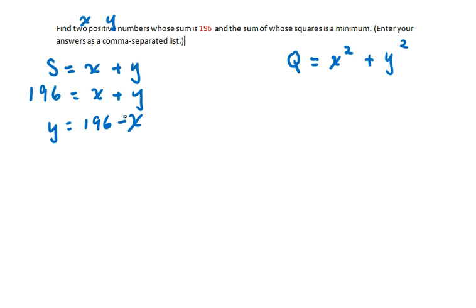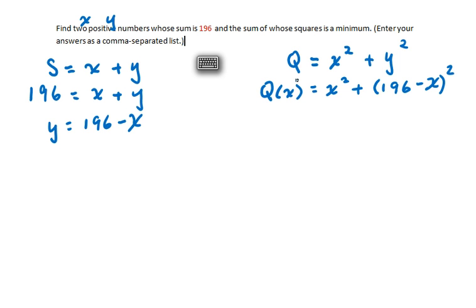Now if I take that value of y, I can substitute it into the second equation. And see that what I'm getting is a quadratic function, q of x, in terms of x, the first of the two numbers.